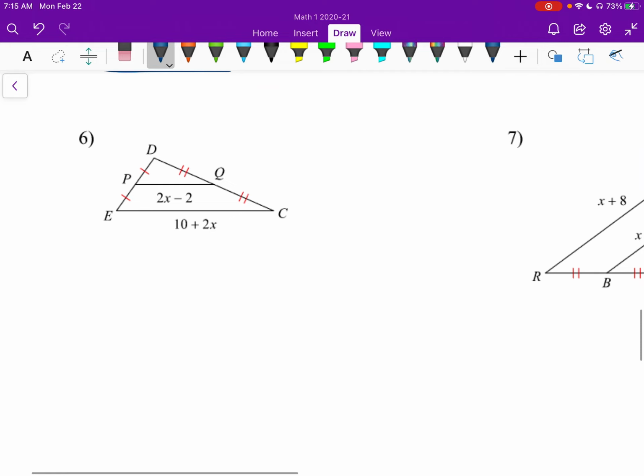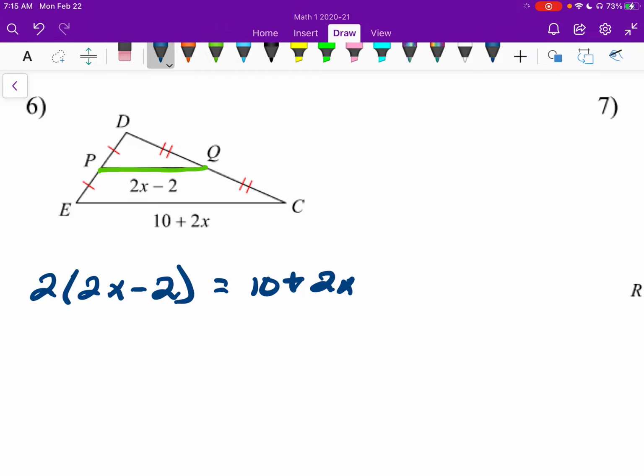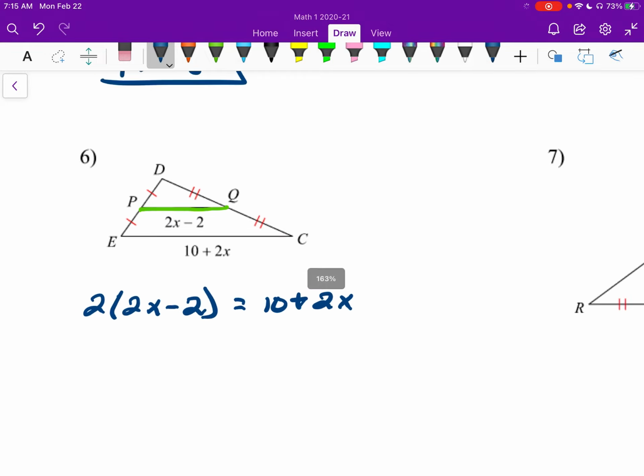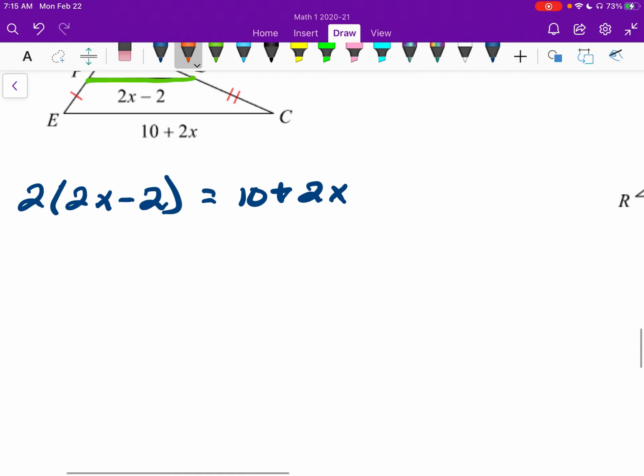Number 6. My midsegment is this top piece here. I guess it's not top, it's in the middle, but oh well. So I'm going to say, well, 2 times 2x minus 2 equals 10 plus 2x. Now, like what I did in one of the last ones, number 4, I'm going to divide everything by 2.